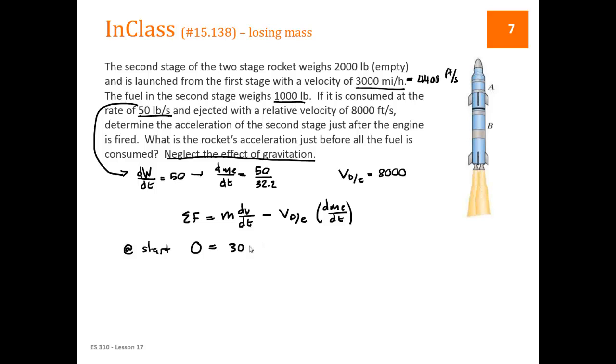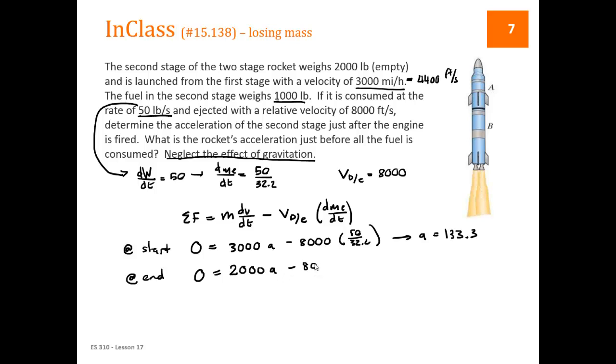So we get 3,000 times A minus 8,000 times 50 divided by 32.2, and we can solve for A equal to 133.3. At the end, we still have 0 on the left. Now we've got just the empty stage, so that's 2,000 times A minus 8,000 times 50 divided by 32.2, and we can solve for A equal to 200.